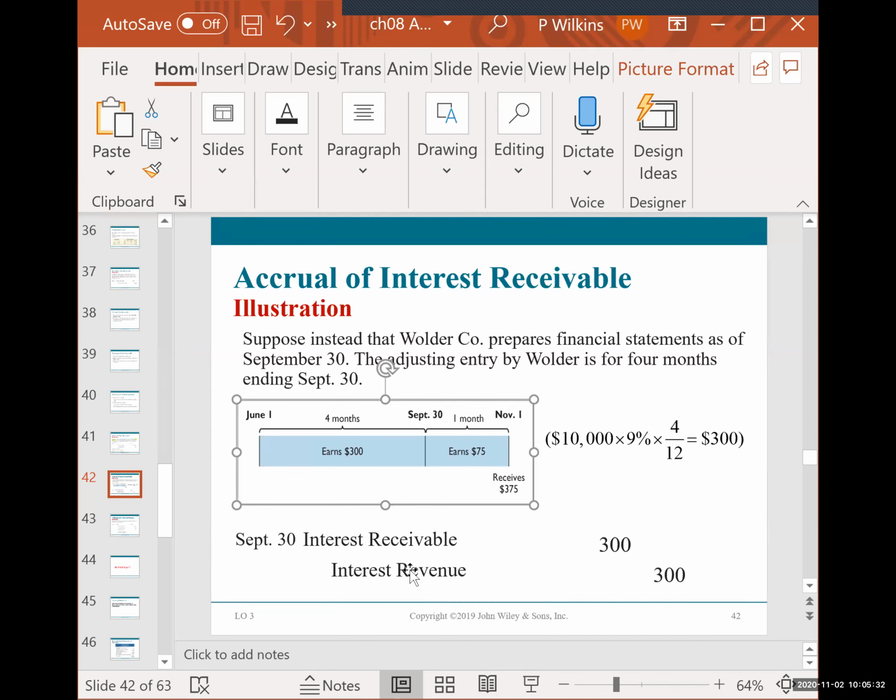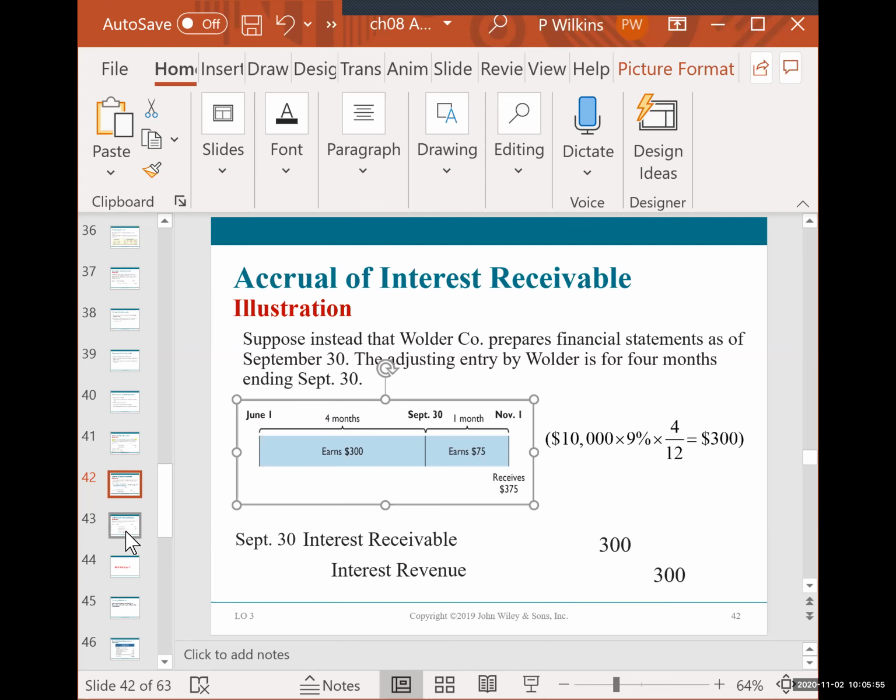So on September 30th, we're going to debit interest receivable because we're not being paid the interest at this point. We're just doing an entry to accrue the interest, okay? And you may have remembered this from the adjusting entry chapter. And then we're going to credit interest revenue, $300, because we've earned $300 worth of money, okay?